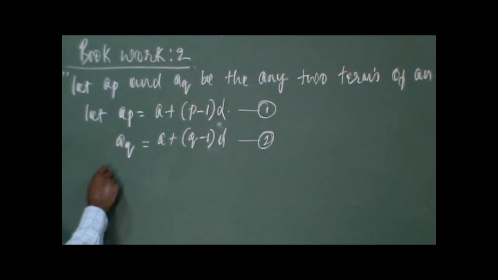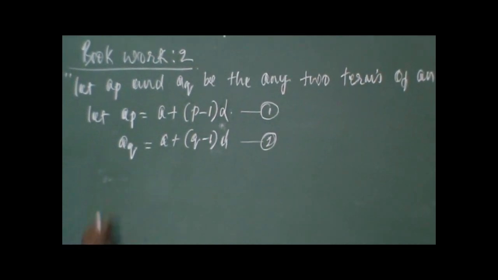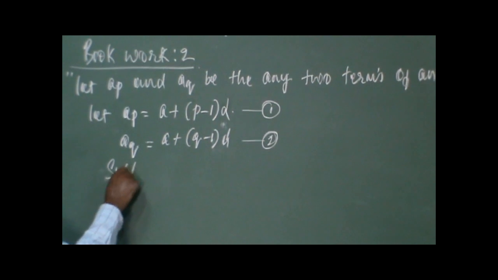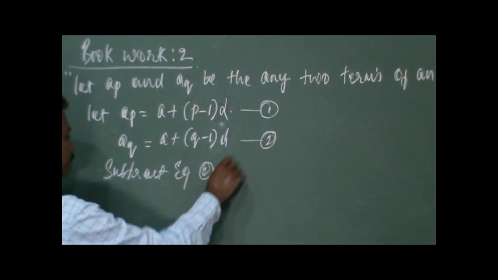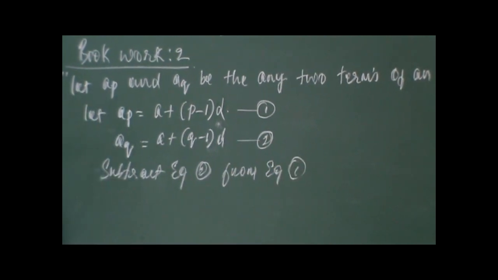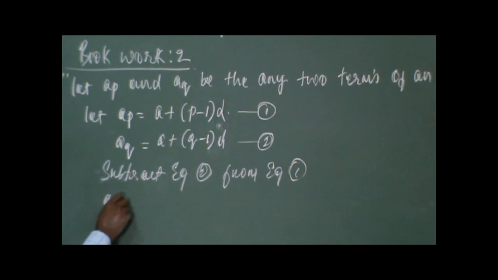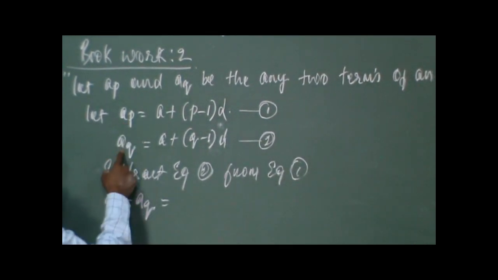Now let us go with another step: subtract equation 2 from equation 1. So AP minus AQ is equal to AP minus AQ.